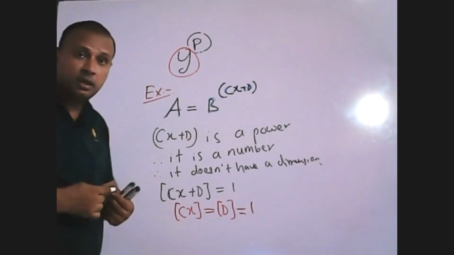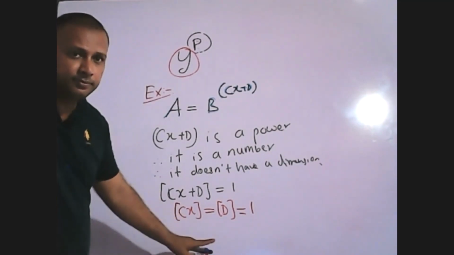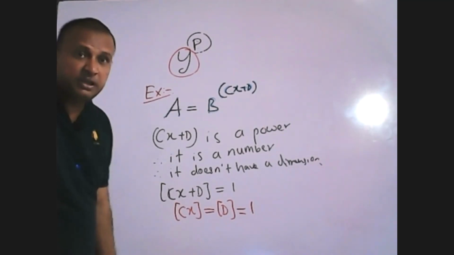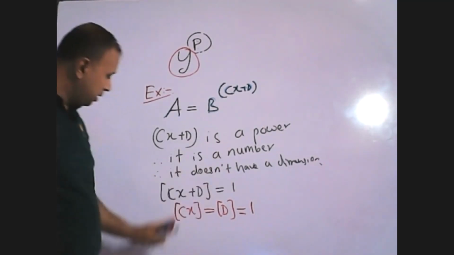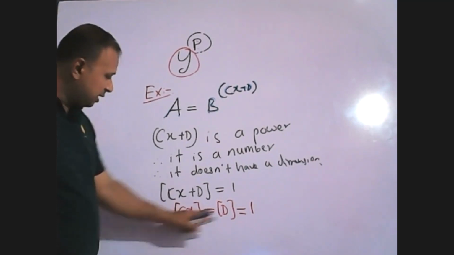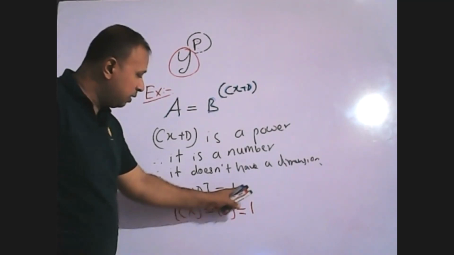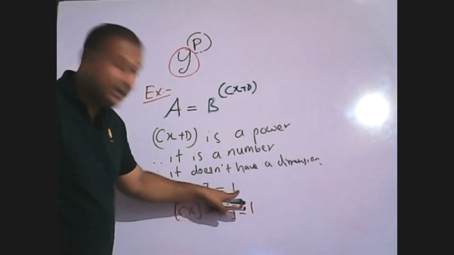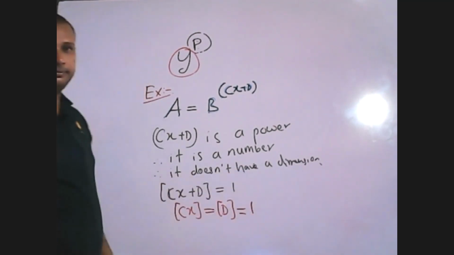Do you understand? Each and every term should have the same dimension. As this is a number, the dimension of this one is 1.